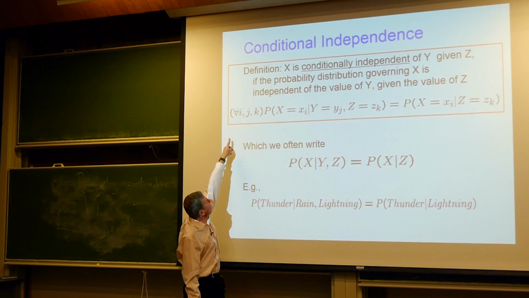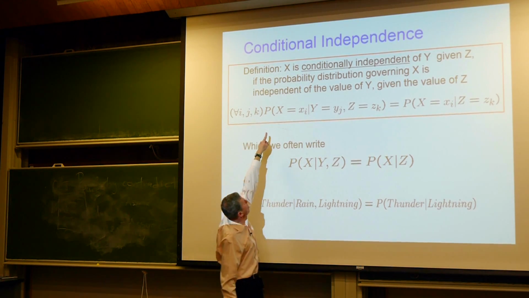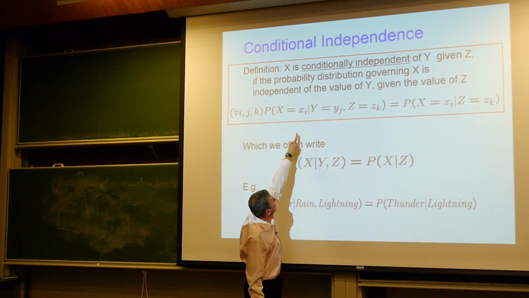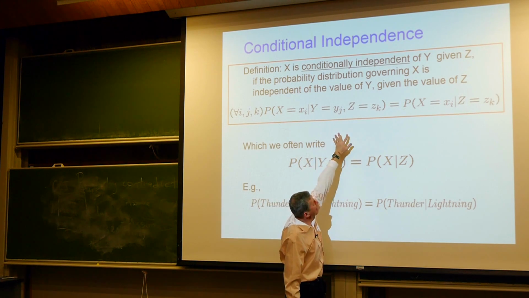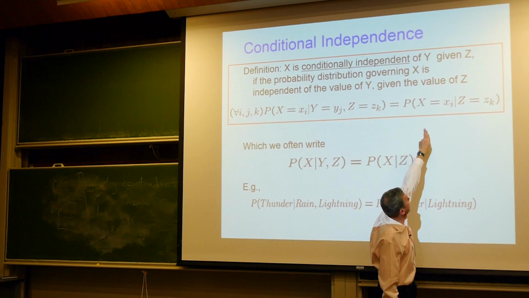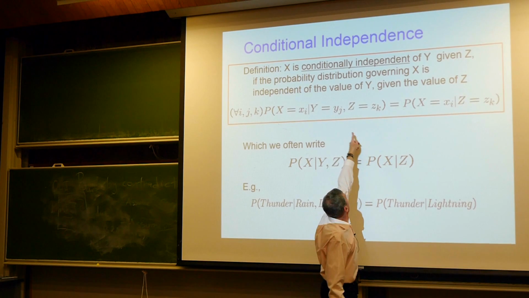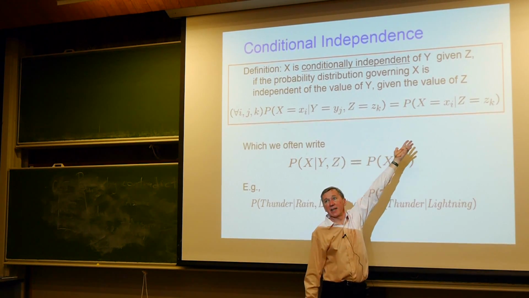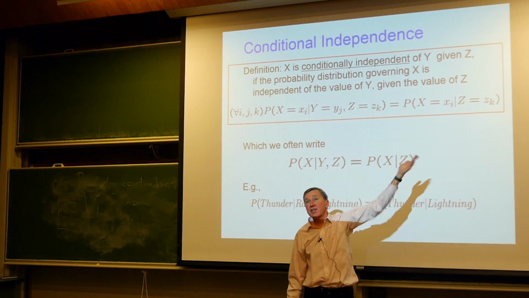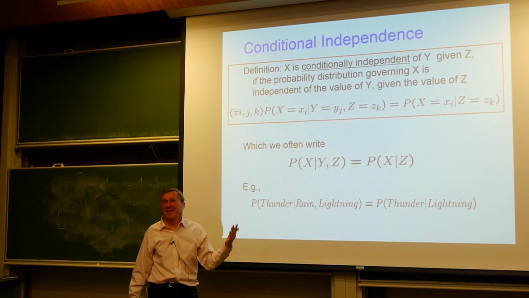Put another way, for all the values that x, y, and z can take on, the probability that x will take on that value, given that y and z take on these values, is exactly the same as the probability of x if we only know z. In other words, y doesn't matter once we know z. Sorry, x is conditionally independent of y given z.